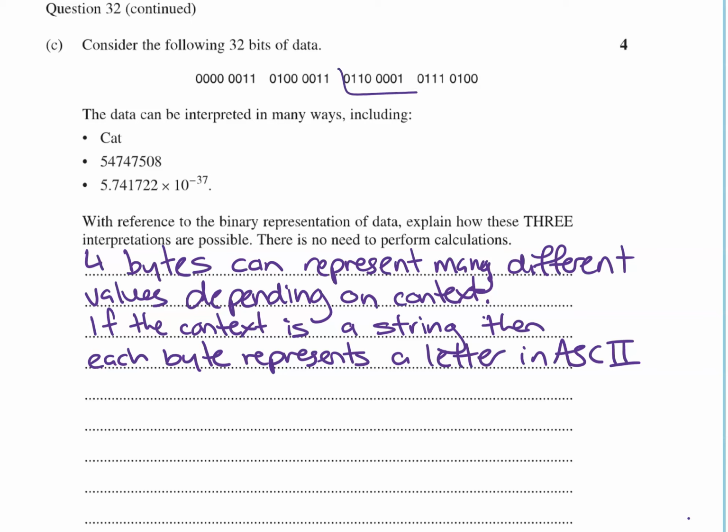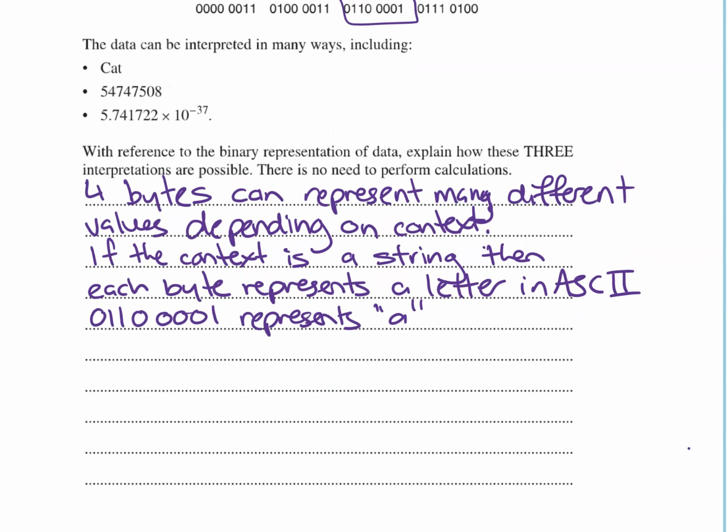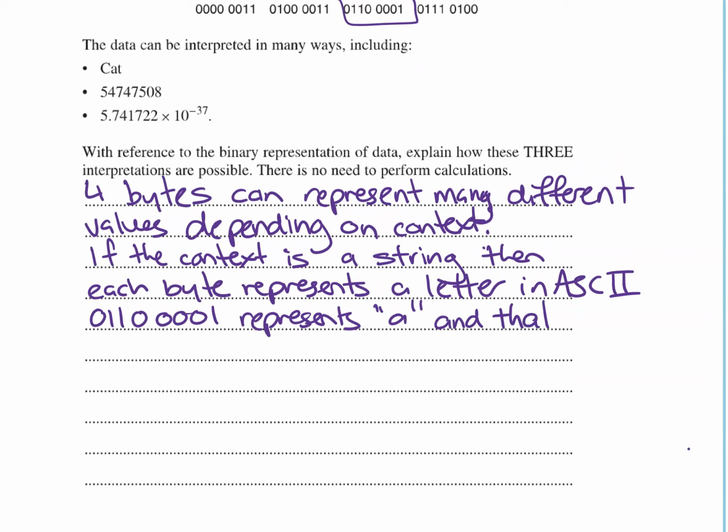We can probably recognize A, 0, 1, 1, 0, 0, 0, 0, 1, represents lowercase a. And that's how these bytes could represent cat.